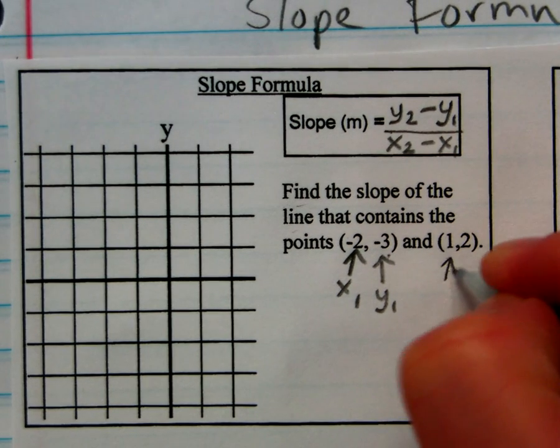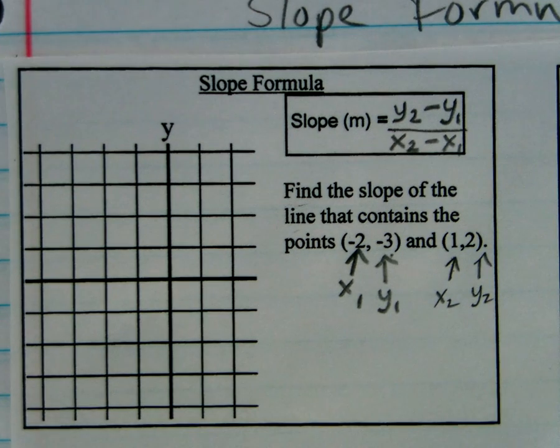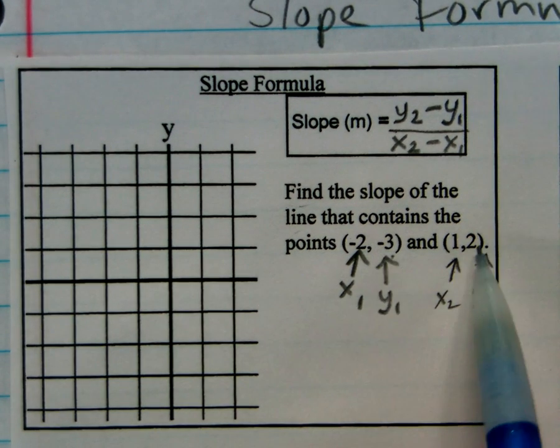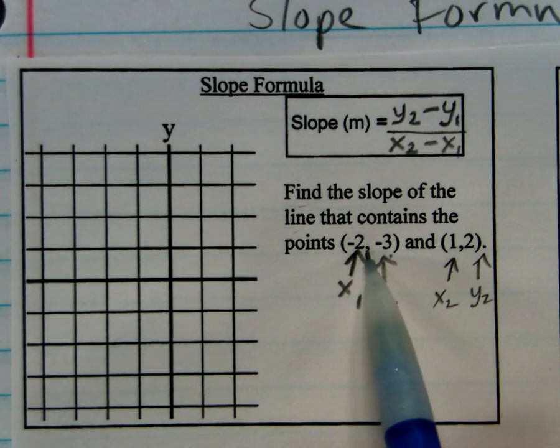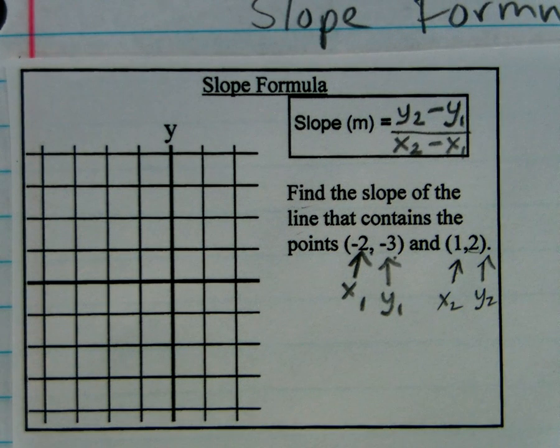And then this would be x2 and y2. Now, something that's really crazy to think about is you could switch these points and put 1, 2 first and -2, -3 second. And the math will look a little different because you'll subtract in a different order, but you will still get the same slope no matter what if you just follow the formula.